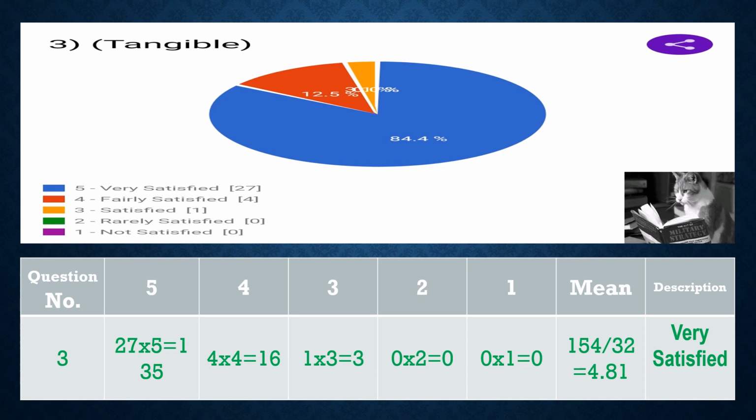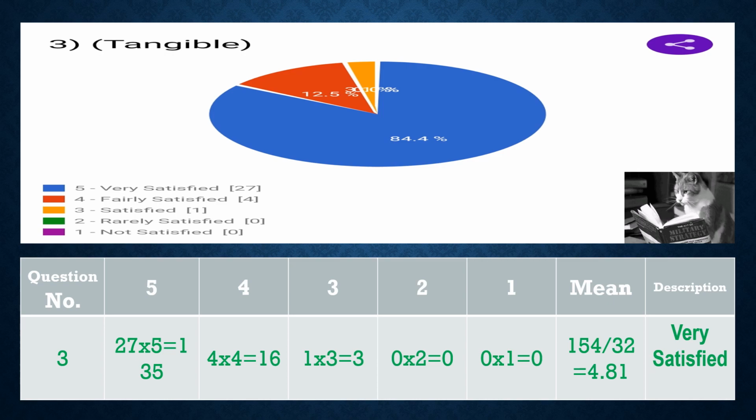So based on the pie, this is the first question of the tangible dimension. Out of the respondents, 27 answered very satisfied, 4 fairly satisfied, only 1 answered satisfied, and 0 votes for rarely satisfied and not satisfied.